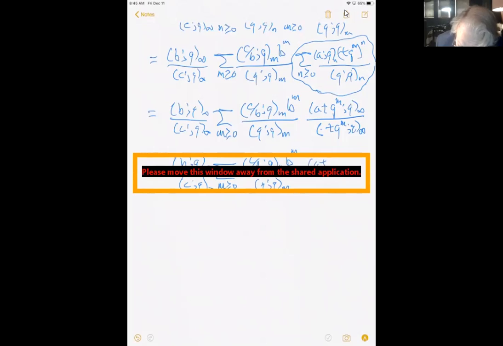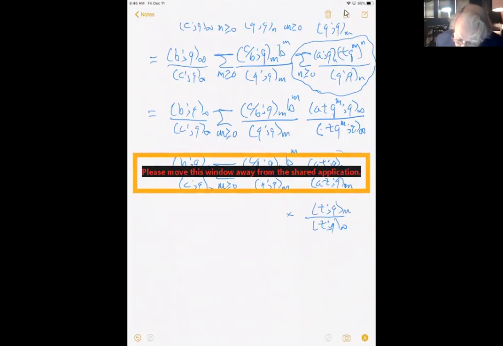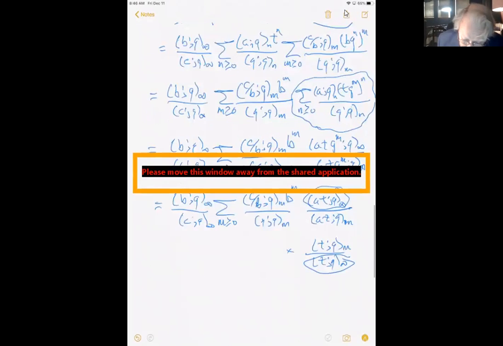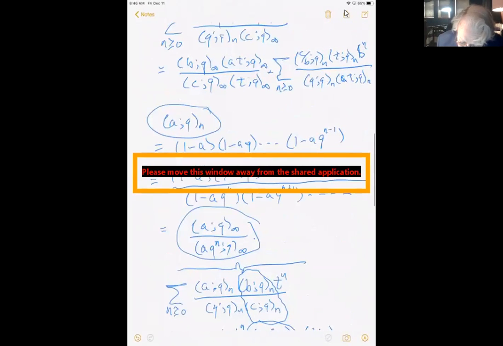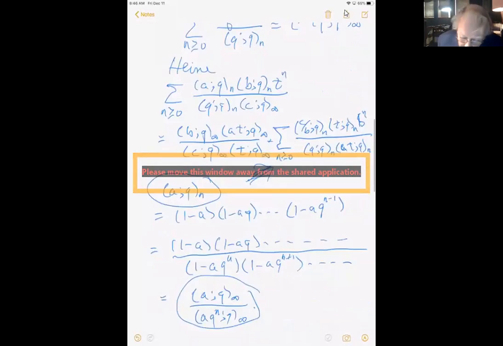This is (at;q)_infinity divided by (at;q)_m, and the denominator is (t;q)_infinity and (t;q)_m. And now if you factor this out and that out, you see that you have precisely the expression that I wanted to show you. So this classical device, Ramanujan was extremely clever at utilizing.